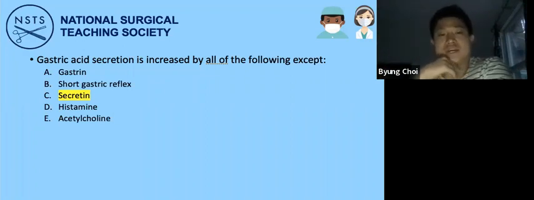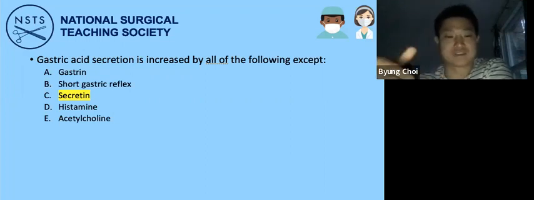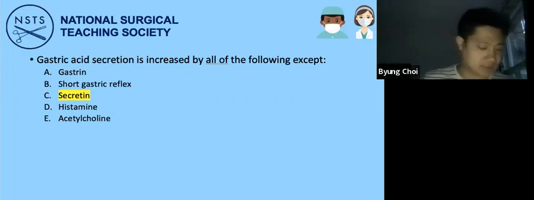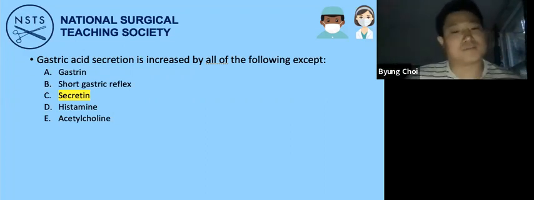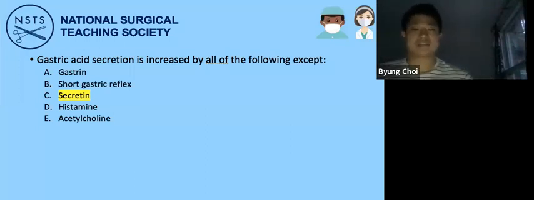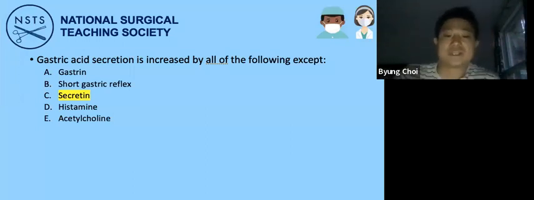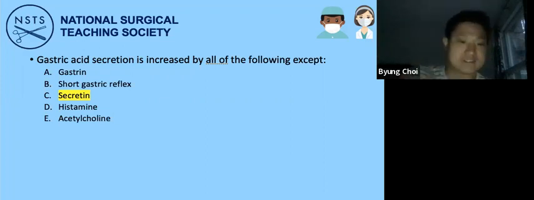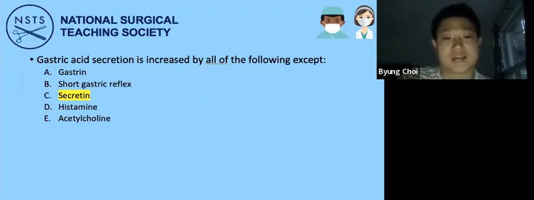Now, B, short gastric reflex. There's a thing called short gastric reflex and long gastric reflex in the gastric phase of acid secretion, and it amounts to the majority of acid secretion. The short gastric reflex refers usually to the local neurohormonal pathways, like your gastrin, your histamines, your acetylcholine within the stomach wall in the parietal cells.